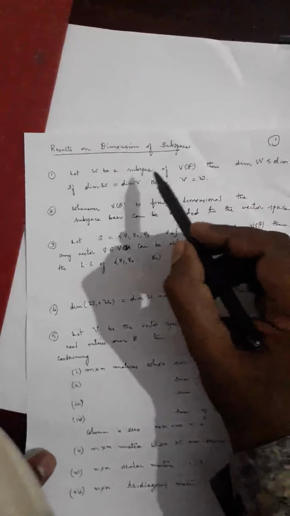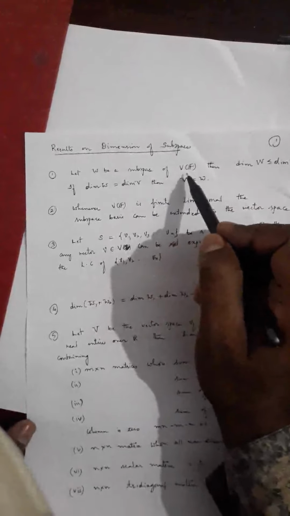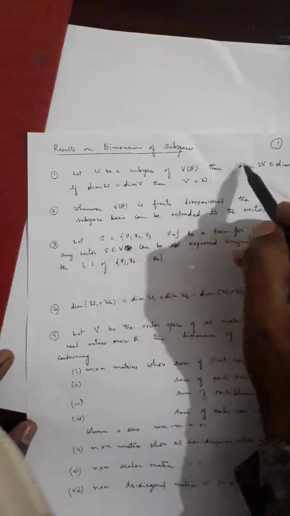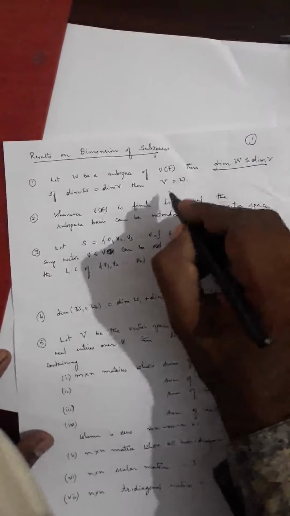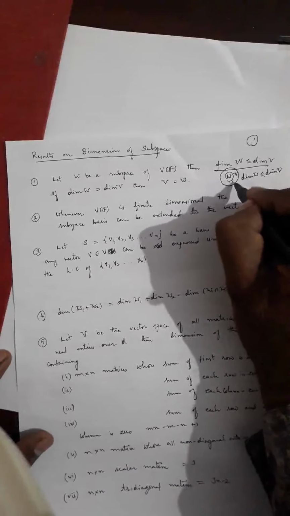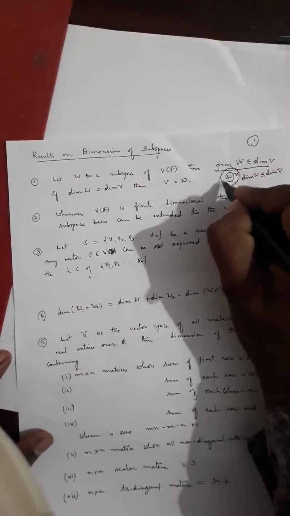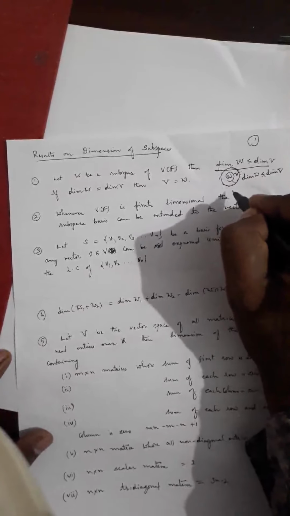So we start with result 1, which says if W is a subspace of the vector space V over the field F, then dimension of W is less than or equal to dimension of V. In the sense, W is a subspace of V, so dimension of W will be less than or equal to dimension of V. When it is equal, you can just stretch it out up to V, in the sense V will be nothing but W itself.